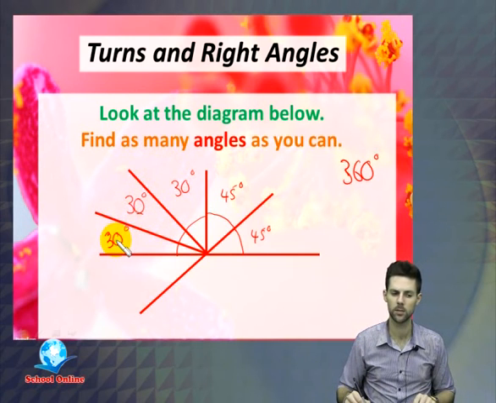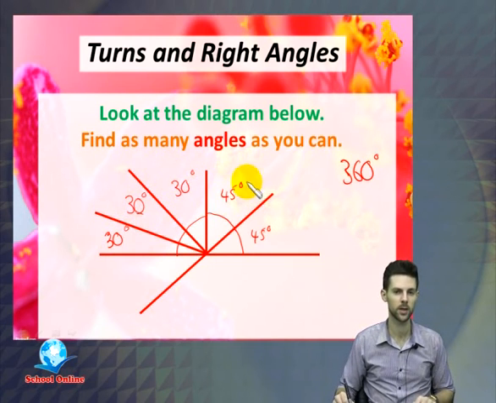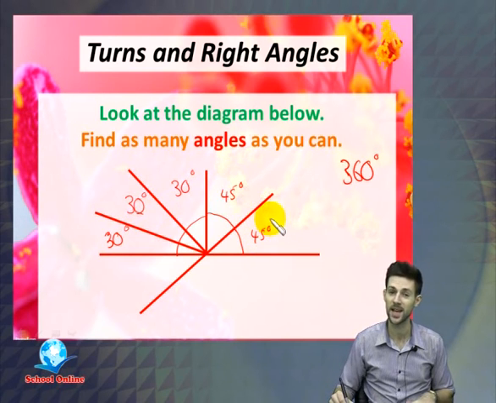So what have we got so far? 30 plus 30 is 60, plus another 30 is 90, plus 45 is 135, plus 45 is 180. So we're correct up to now. Half a complete turn is 180 degrees.